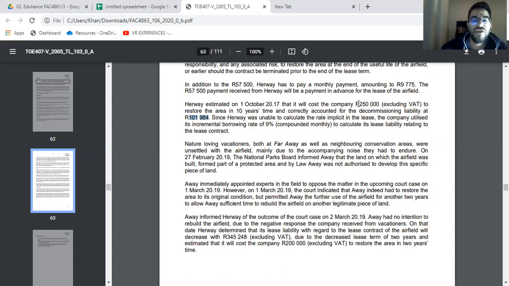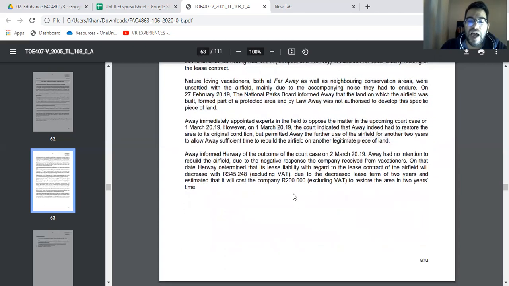So the present value on initial recognition on 1 October 2017 was 101,984. Okay, so just take note of that. Now, in 2 years' time, we're going to be covering 200,000 Rand. So we need to work out the present value of that 200,000 Rand today. And any difference, we need to adjust the decommissioning liability. Okay, so just take note of that.